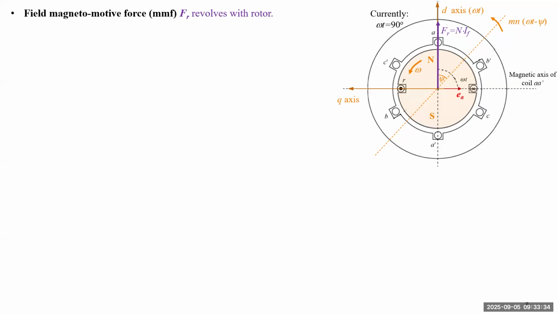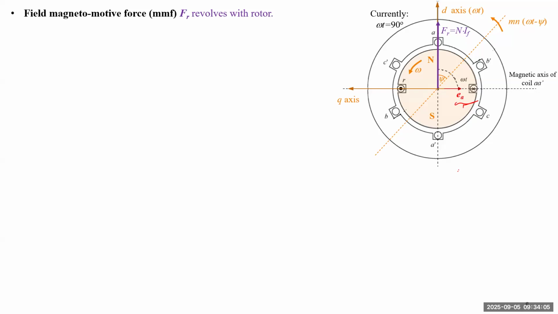Here we just draw EA as the voltage induced in winding A, but we still need to determine its direction and magnitude. We don't want to draw this figure every time we study a generator. We want to get rid of this figure and use a much simpler concept to abstract a phasor representing this voltage.